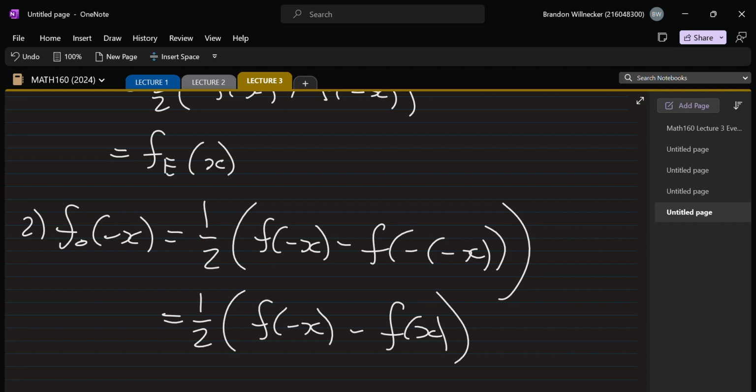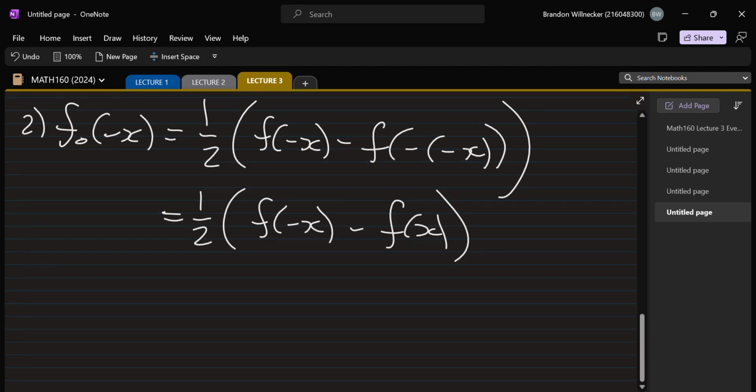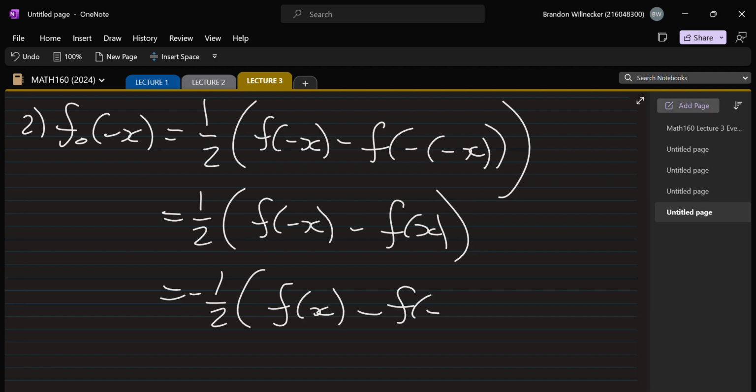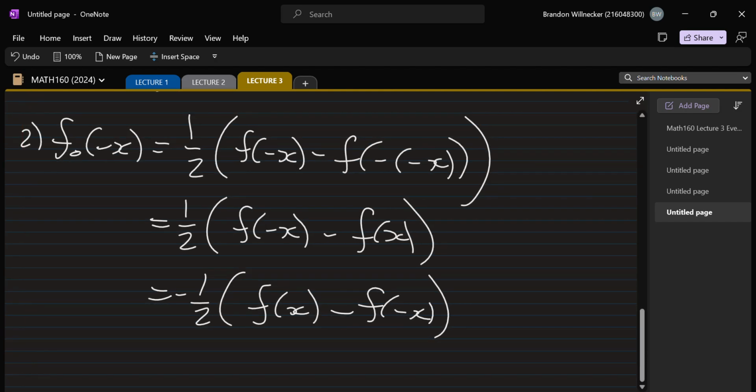If we multiply by -1, they go back to where they should be. So, taking out the minus, we end up with this. With the minus out in front, the leftover part there is exactly the definition for f odd, now with a minus in front.